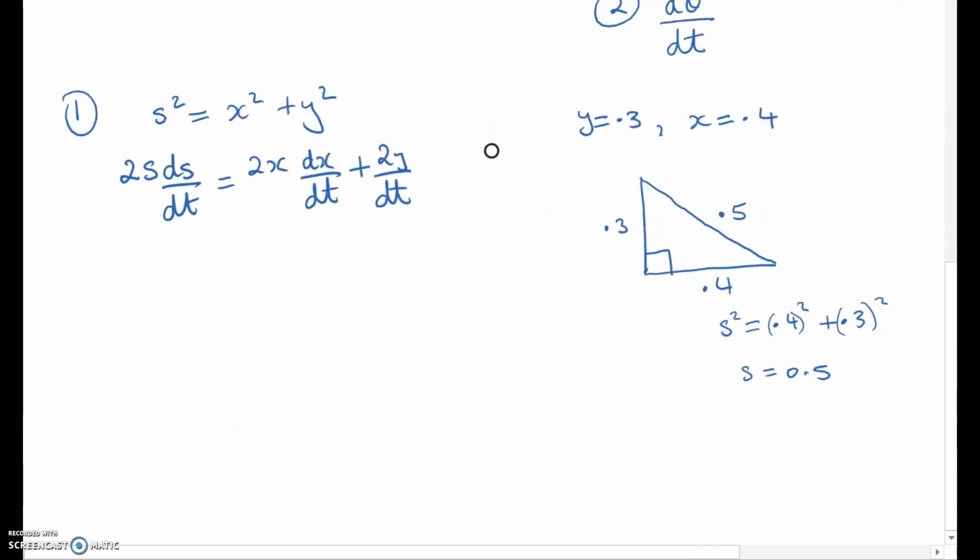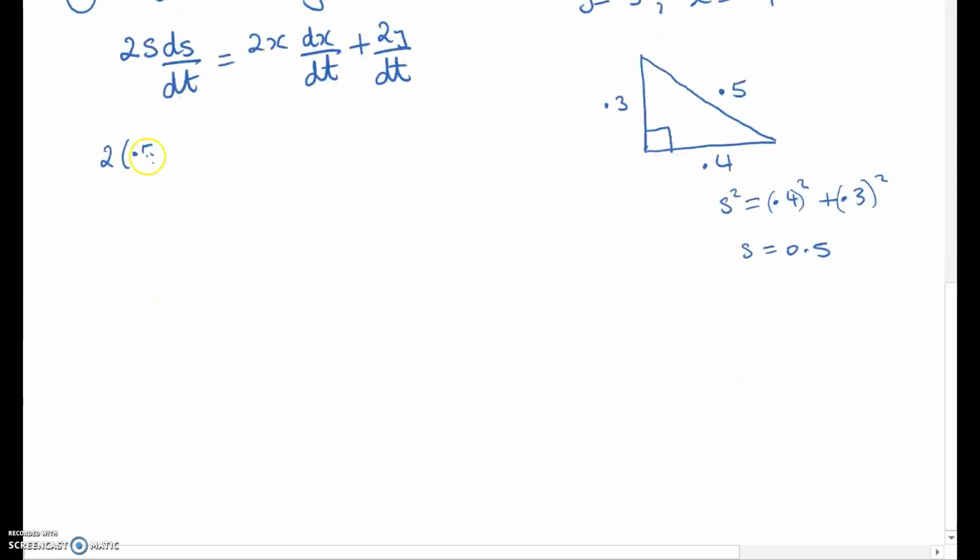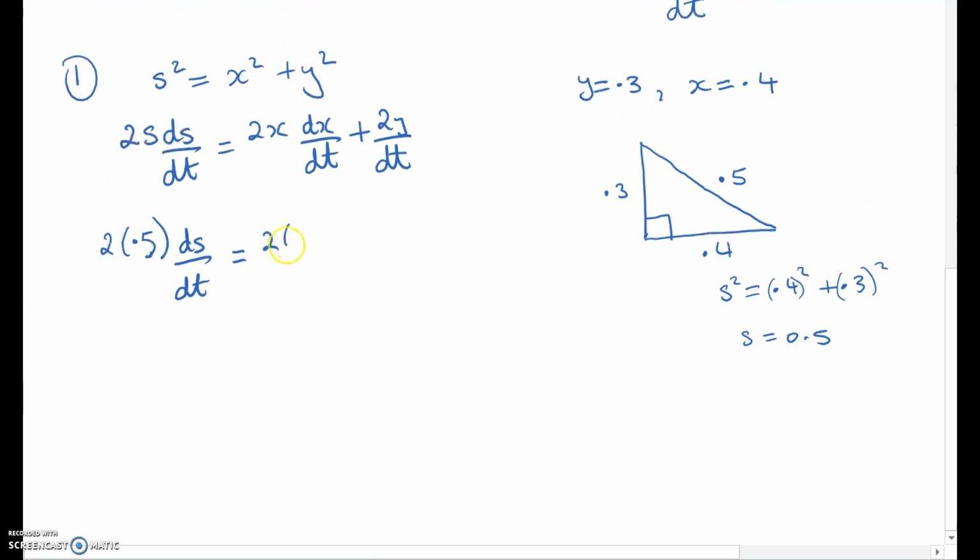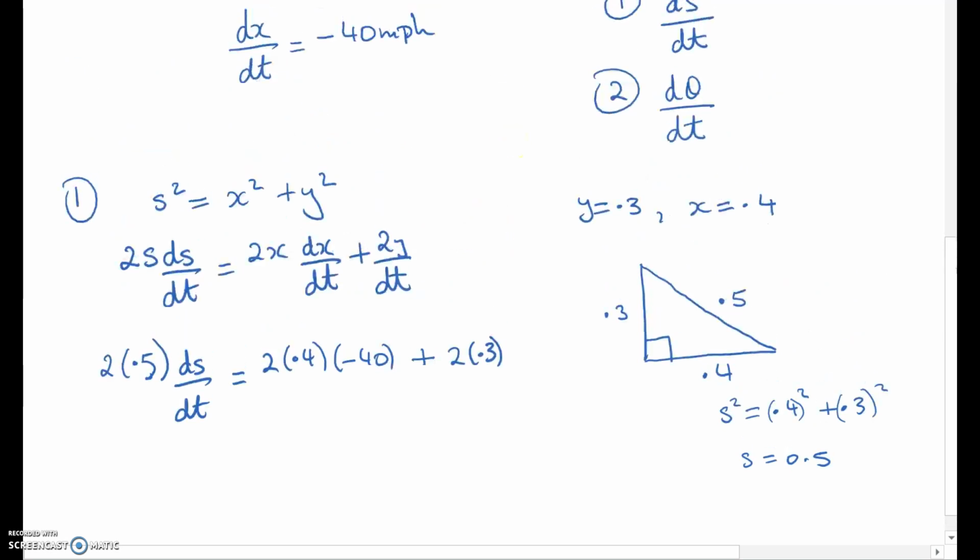So we are now going to start filling this in. 2s is going to be 2 times 0.5, by ds/dt, is equal to 2 times x, which was 0.4, and dx/dt was negative 40, plus 2y, which is 2 times 0.3, and dy/dt was 50.